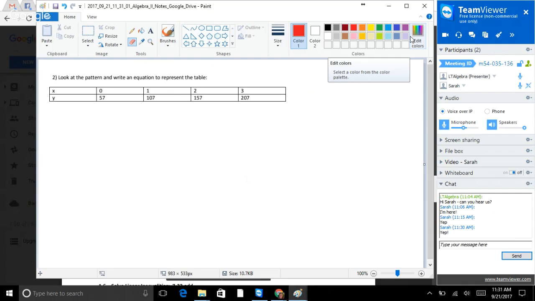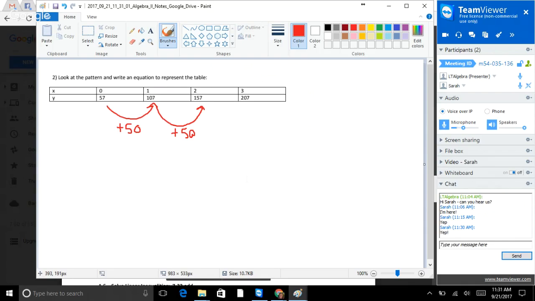So what do we notice? When we go from X equals 0 to X equals 1, it looks like our value of Y increases by 50. Right? And then when we go from X equals 1 to X equals 2, our value increases by 50.